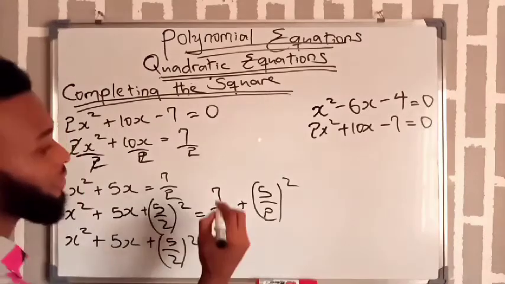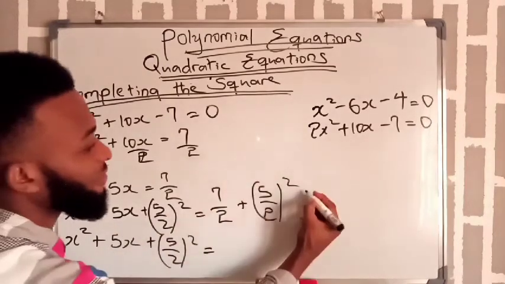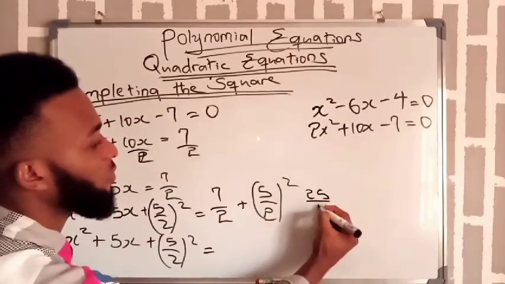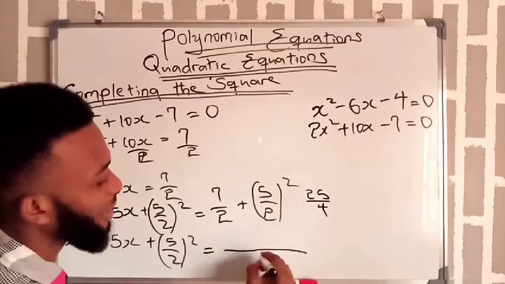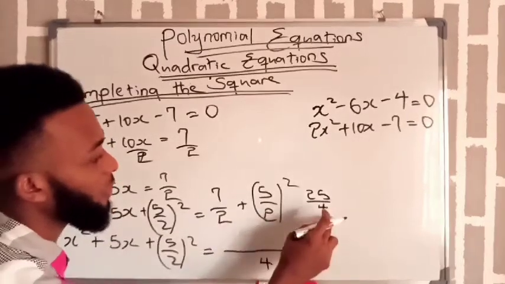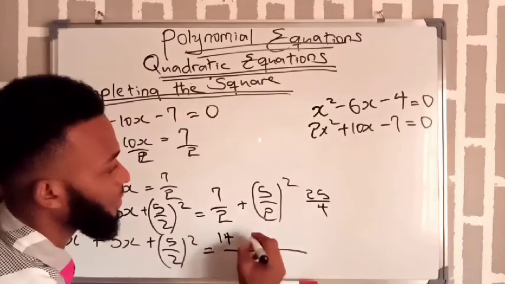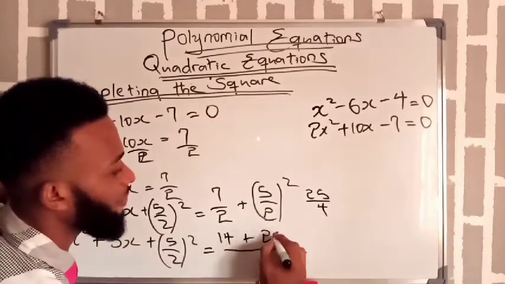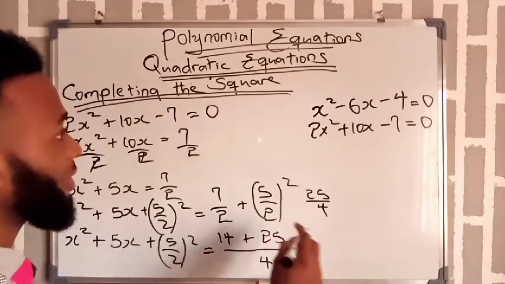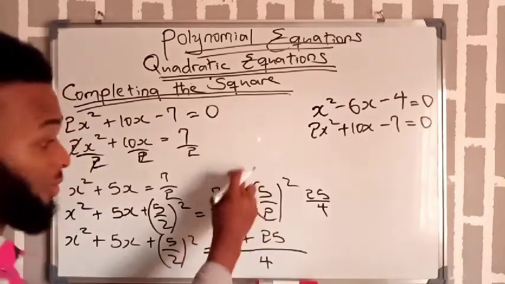This will give you 5 multiplying 5 is 25 over 4. Then when we find the LCM, that's 4, 2 multiplying 7, 14 plus 25. So you understand what I did, right?